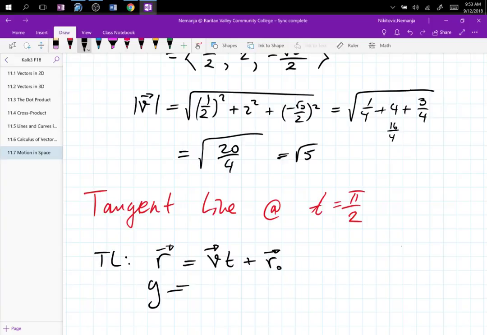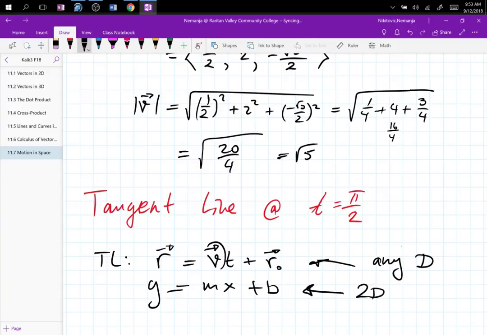Guys, this is y equals mx plus b. If you remember anything from your Calc 1, you should remember that your slope is the derivative. Isn't that the velocity, the derivative of r? It's the same. This is just a multidimensional version of that. This is 2D, and this is n-D. This works for 8-dimensional space. All I need to do is have my vector have 8 dimensions. It's okay, right?